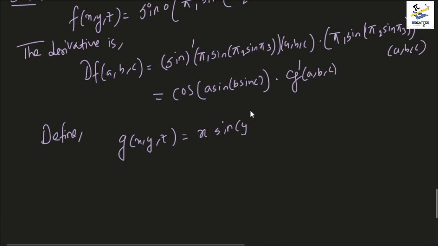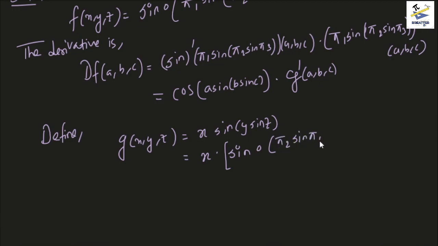Now this is basically x multiplied by sine of pi 2 sine pi 3, written at the point A comma B comma C.